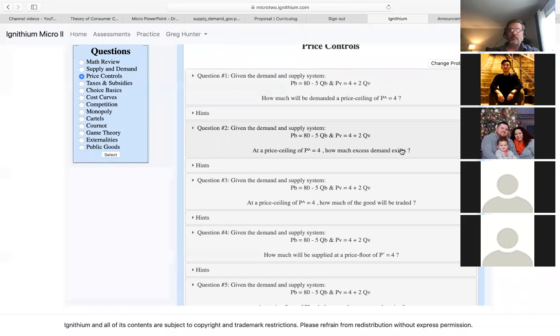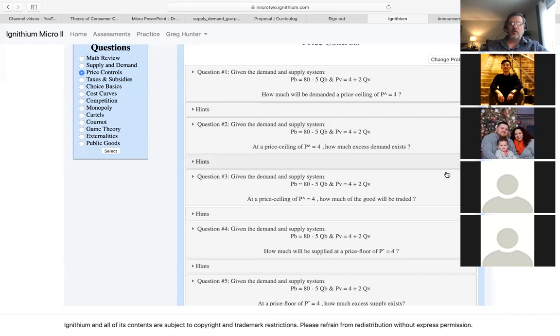Is there anybody who doesn't understand what's going on with that? There are going to be more lectures coming your way soon if you haven't already gotten a hold of how to calculate excess demand or excess supply. That ends up being key whenever we're talking about these price ceiling questions.